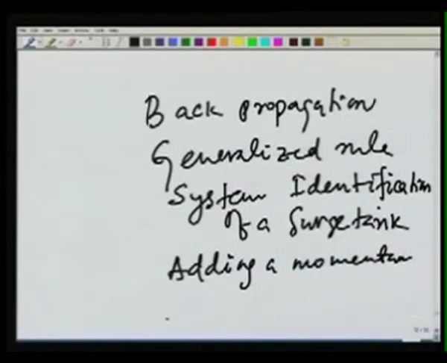We also talked about a heuristic adaptive learning rule.